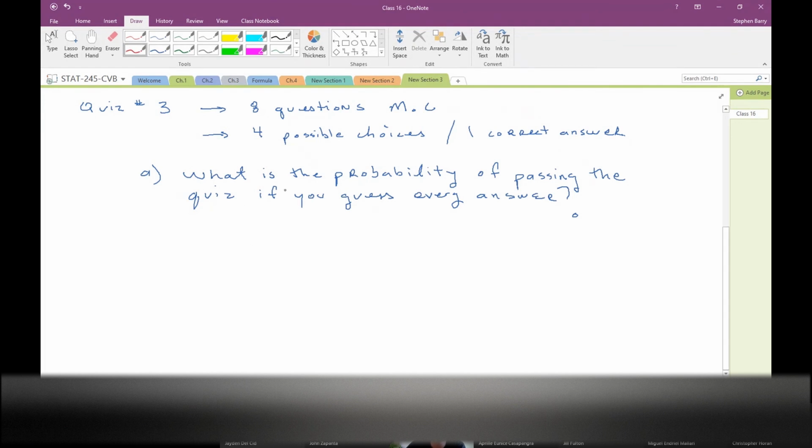If there's just 1 question, the probability of a correct answer, we're going to call that P. This is going to be in the equation, the probability of success, or your desired outcome. Well, the probability of success, if it's 1 in 4, is 0.25. And that's on any given question.